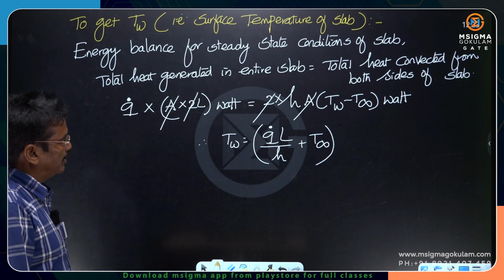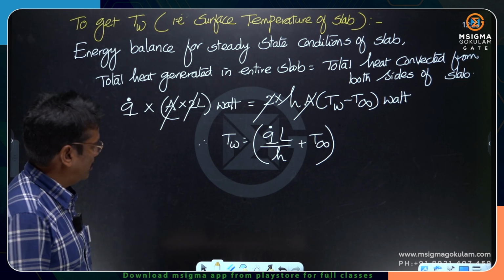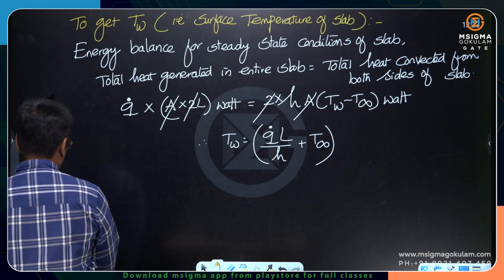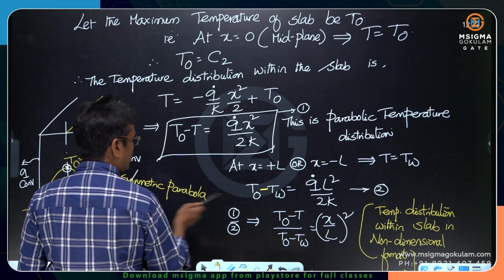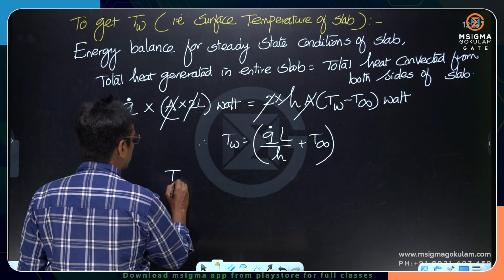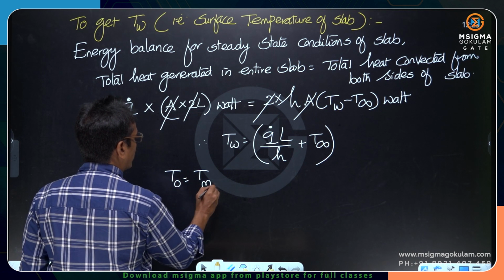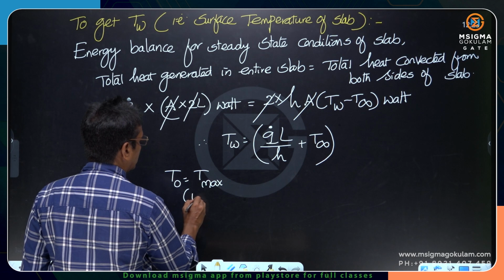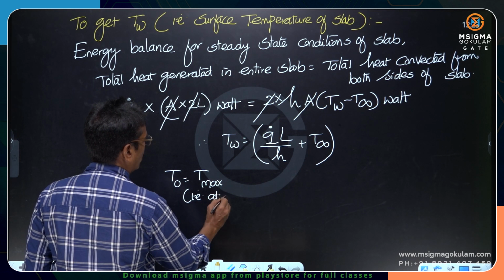This is the side wall temperature, which can be substituted to get this T naught. T naught is the T maximum, at x equal to 0, the mid plane.